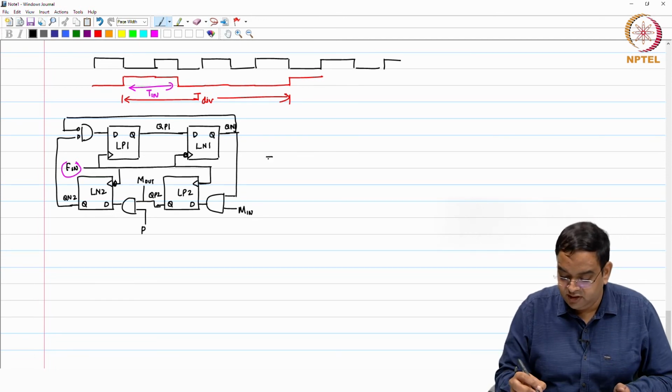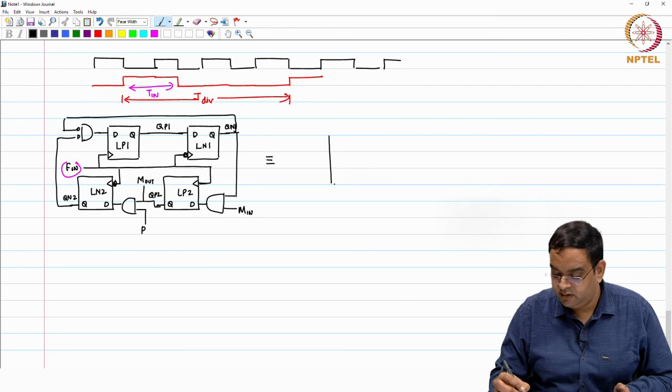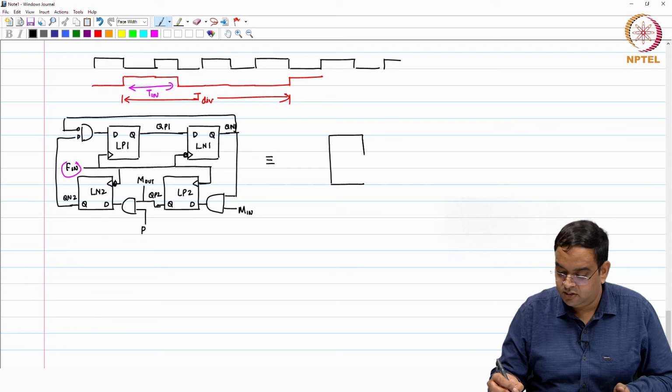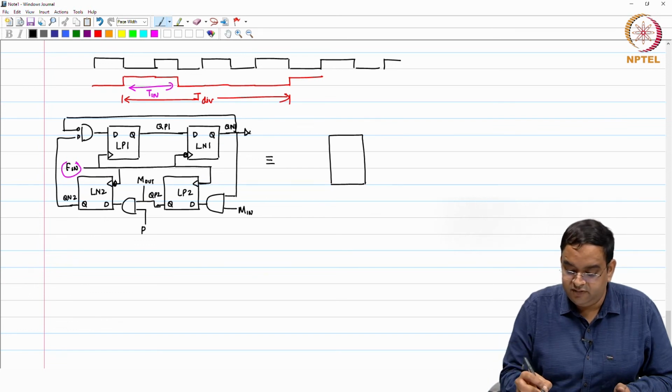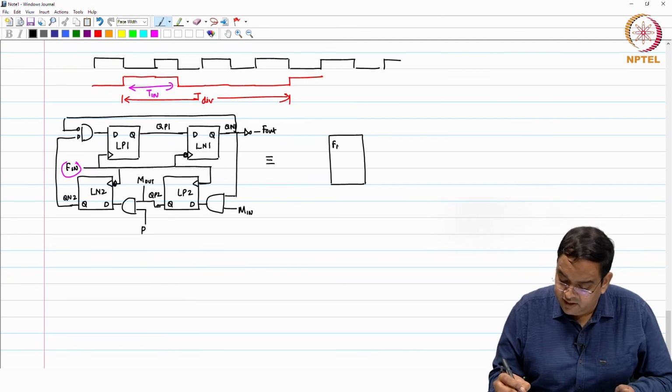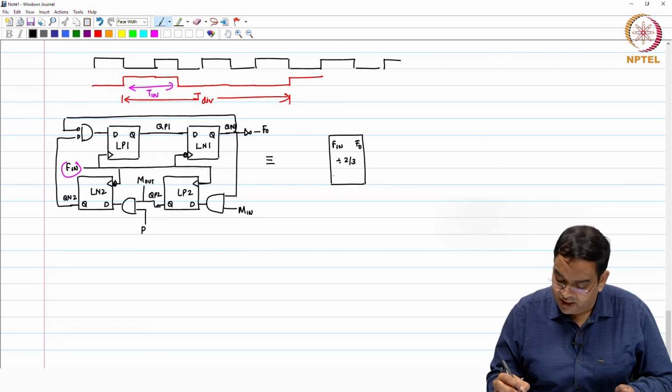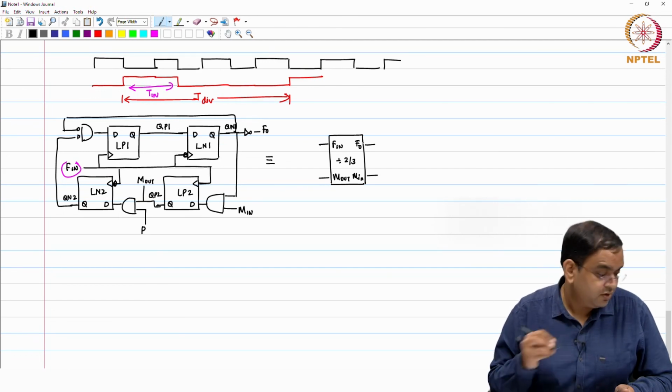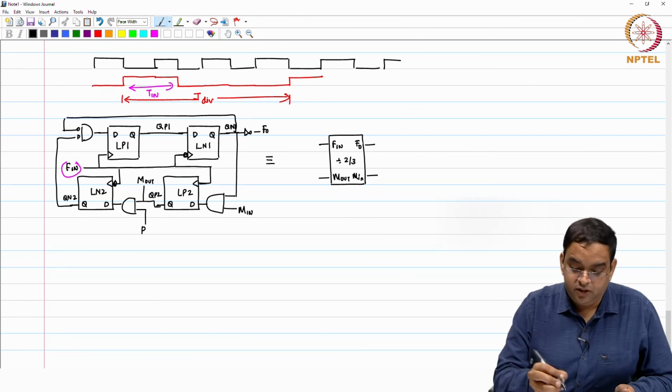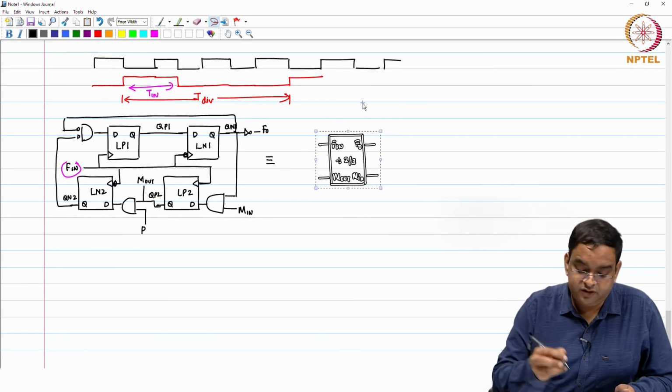So, this block is equivalent, you have F in, F out, this is divided by 2 or 3, you have M out and M in, these are also the inputs. Okay. So, you cascade this block.